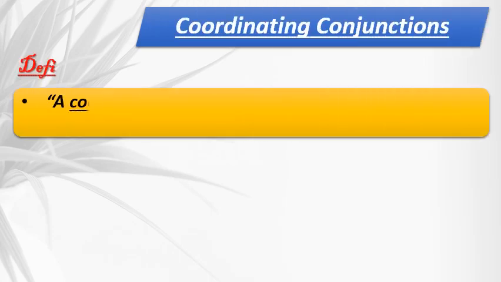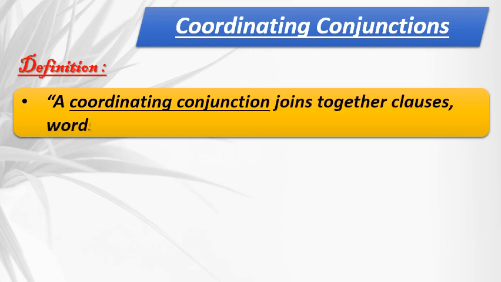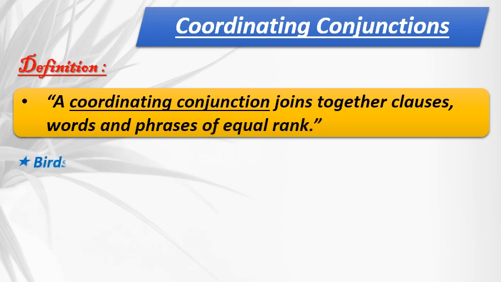Now let us see what is the meaning of coordinating conjunctions. A coordinating conjunction joins together clauses, words and phrases of equal rank. To clarify it, let us see an example. Birds fly and fishes swim. As you can see, birds fly, fishes swim. Both are independent clauses. They both are giving their own meanings.